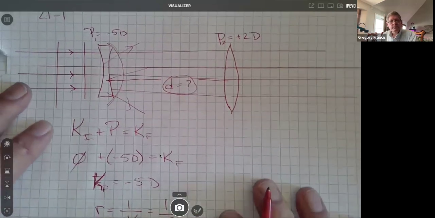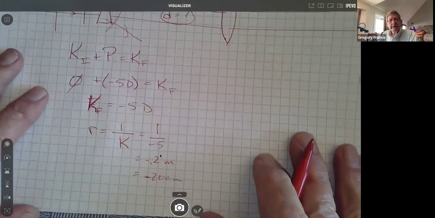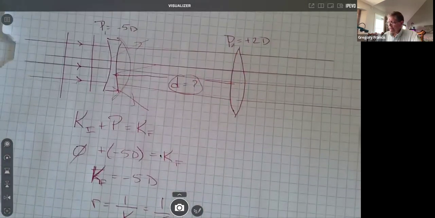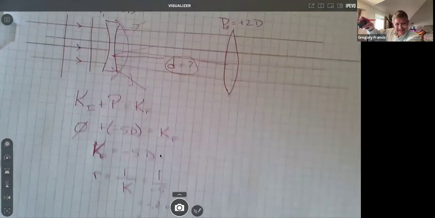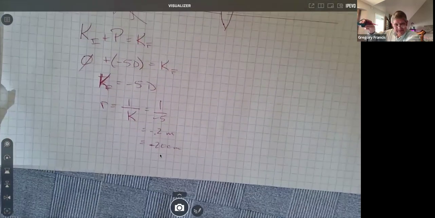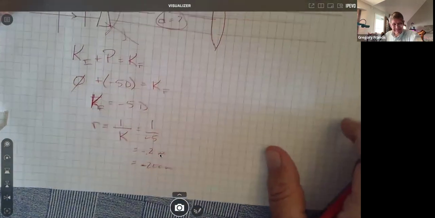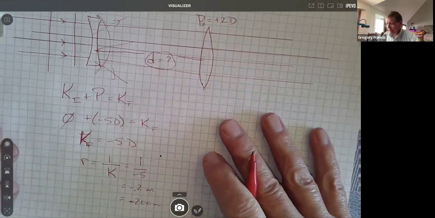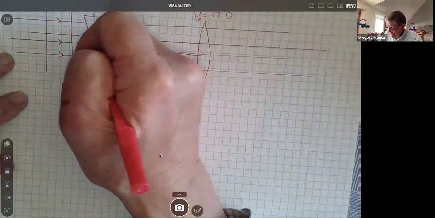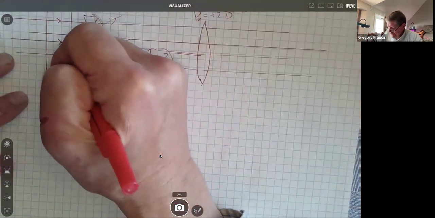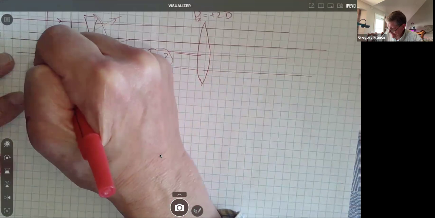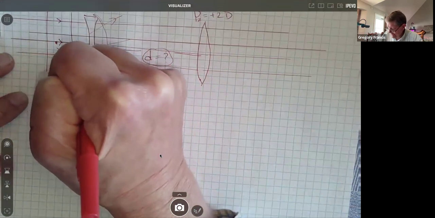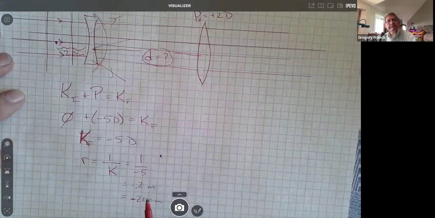Okay, so if I go back to my picture here, that means that this all looks like it's coming from back here, 20 centimeters behind the lens. Okay.